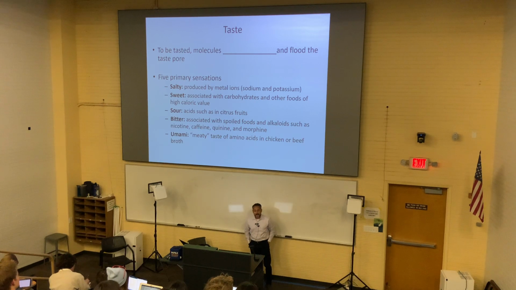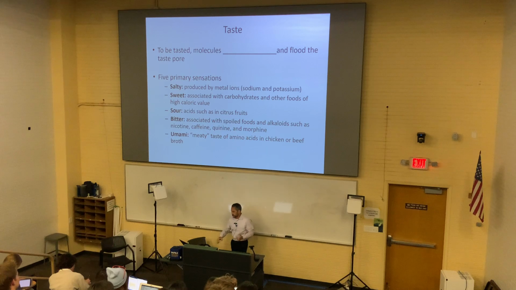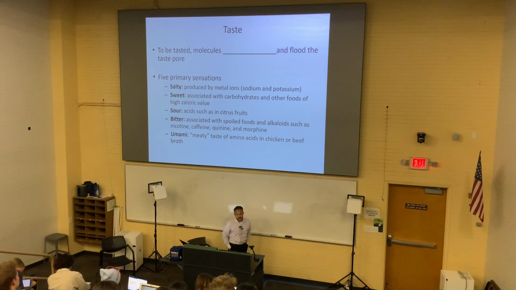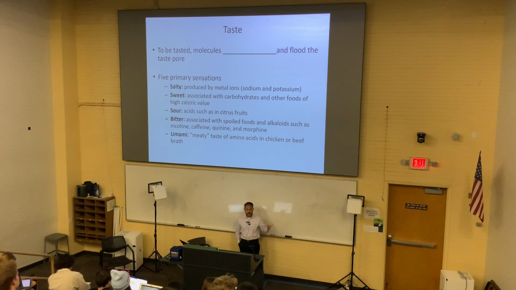Sour, acids in citrus fruits produce a sour type of flavor. Bitter is associated with spoiled foods and alkaloids like nicotine, caffeine, quinine, and morphine. So a lot of spoiled foods that are bitter won't taste nice, and you may not consume them.